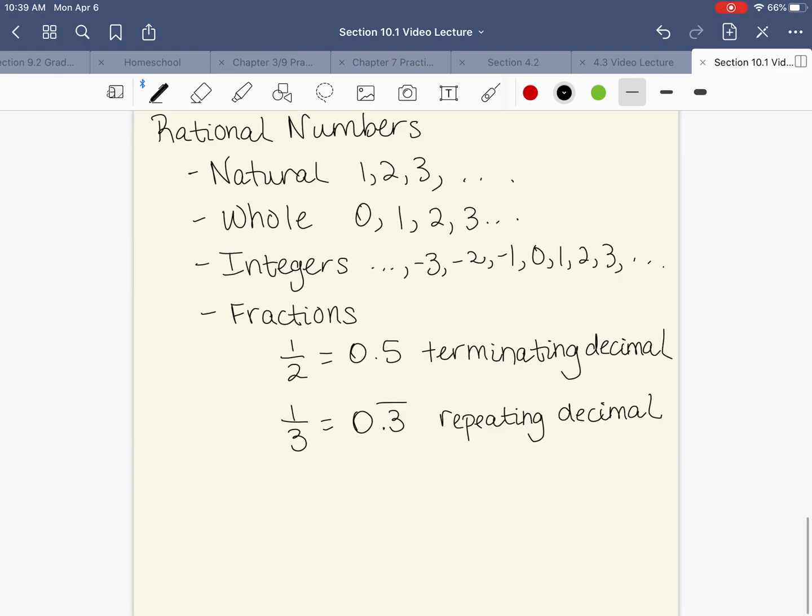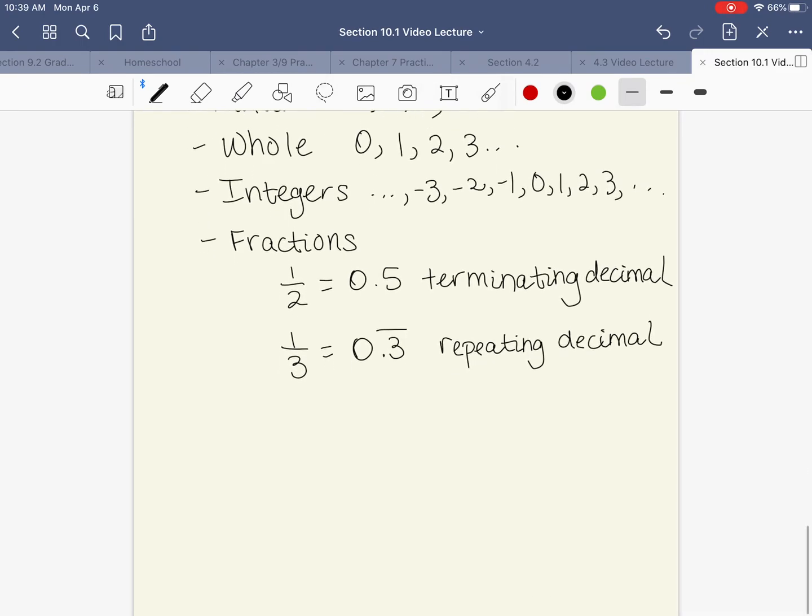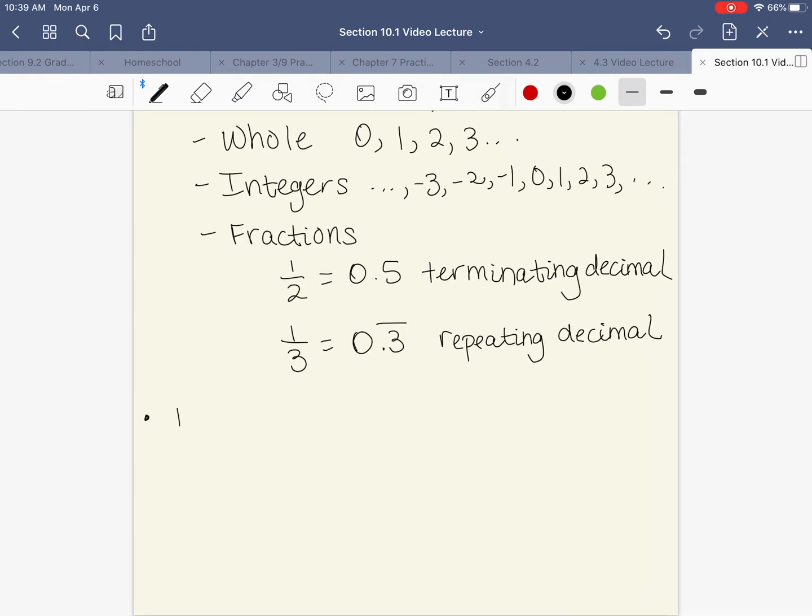And then irrational numbers would be a non-terminating, non-repeating decimal. So something like pi, which is 3.141592, so on and so forth.